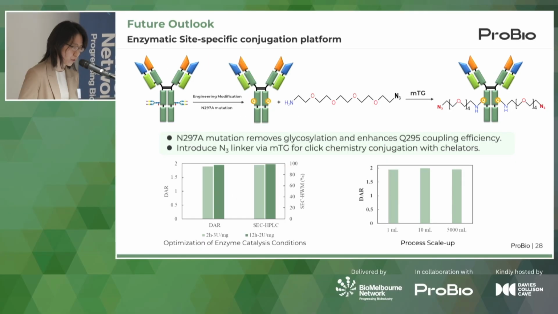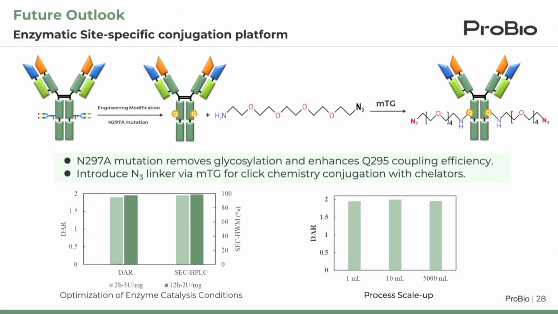For example, for this particular case study, we utilize MTG for site-specific conjugation, and basically this recognizes the Q295 spot in the IgG.